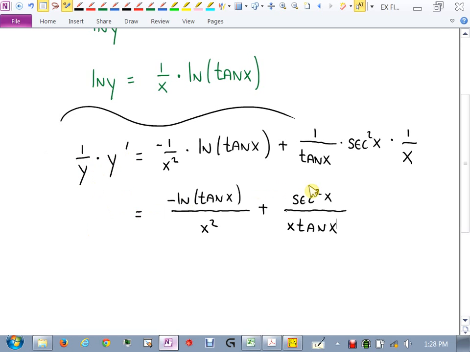So I'm going to have to always put that y on the other side. That's going to happen every single time. So I'm going to have y prime here. I'm going to bring the y in on both sides. But what was y? Yes, tan x to the 1 over x. Do y'all see my y? I just tacked it on the end. Just make sure you put all this in parentheses if you're going to do that.